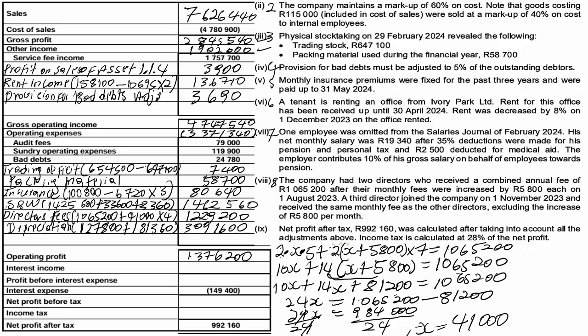Okay, so as you can see here, guys, we're already given net profit after tax. So if we're given net profit after tax, we need to check the last information, which is number 9. We're told that the net profit after tax is 992,160, was calculated after taking into account all the adjustments above. So income tax is calculated at 28% of the net profit.